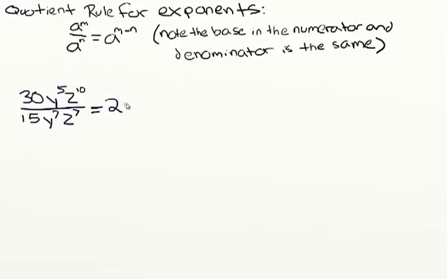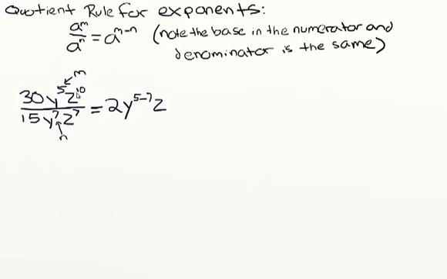Then we have our base y. So for our base y in the numerator, we have our m as 5, and our n is 7. So we'll write 5 minus 7. Then we have a base z.